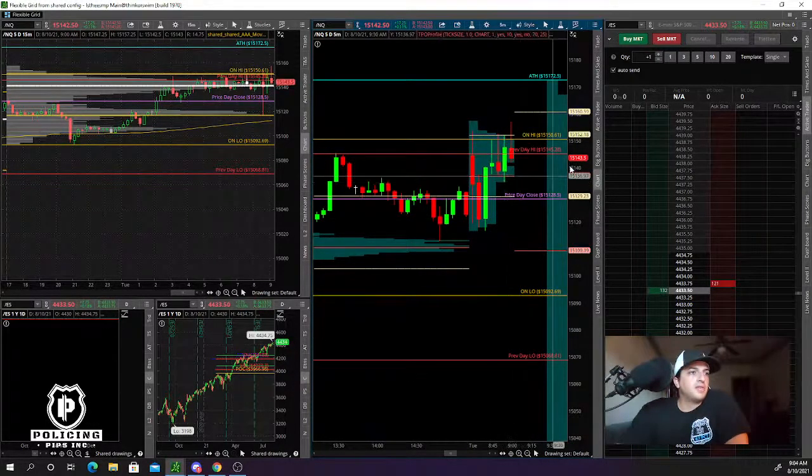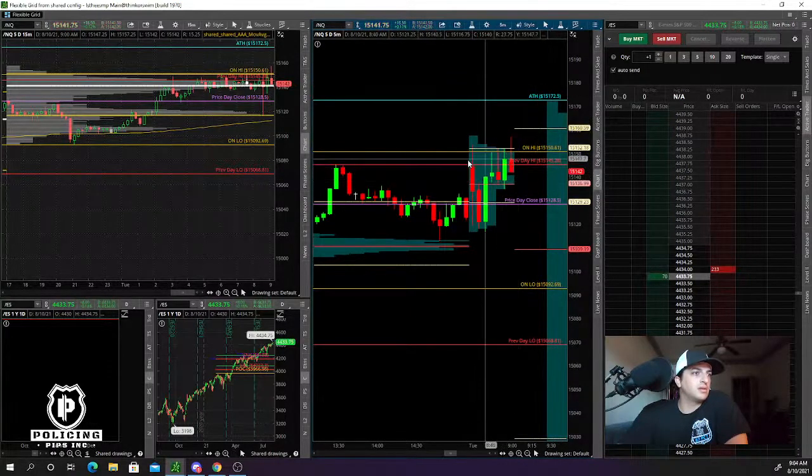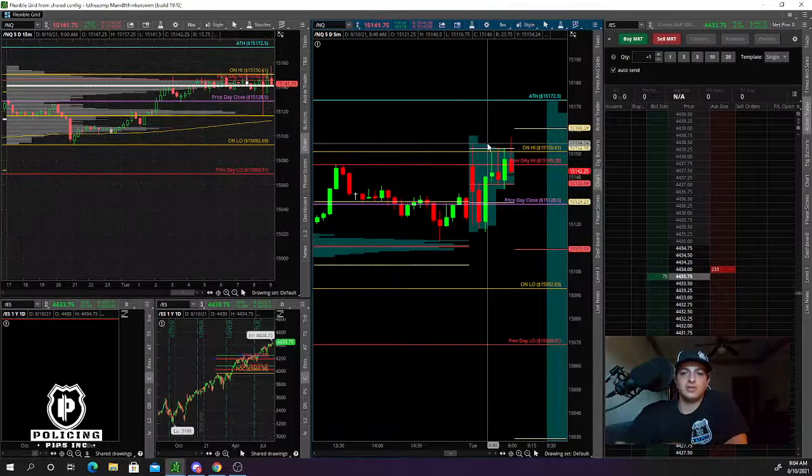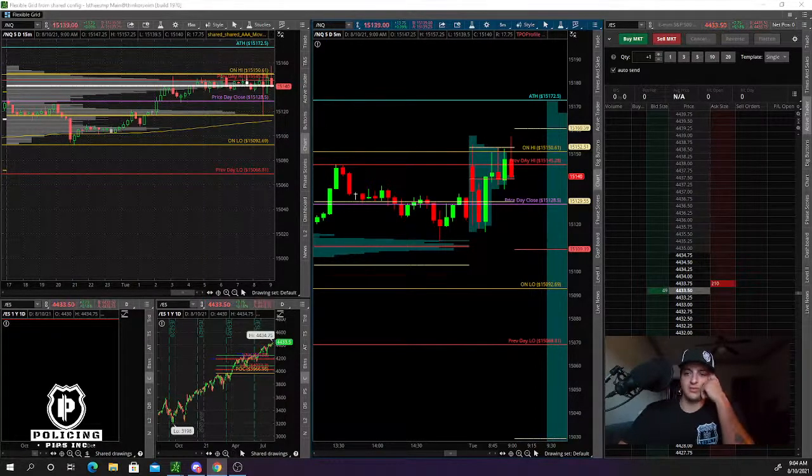I did back into value on the previous, this one. These did clear out some of that inventory, so we'll see. Maybe it's going to reject here. This is where I would have liked to have entered before.